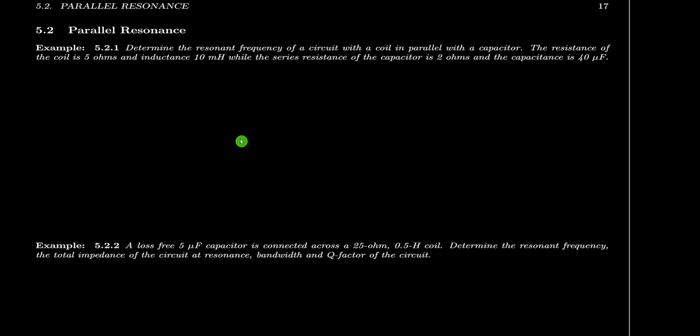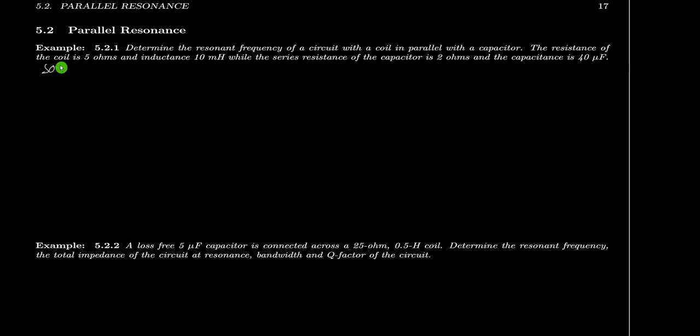Example 5.2.1. Determine the resonant frequency of a circuit with the coil parallel with the capacitor. The resistance of the coil is 5 ohms and the inductance is 10 millihenry, while the series resistance of the capacitor is 2 ohms and the capacitance is 40 microfarad.